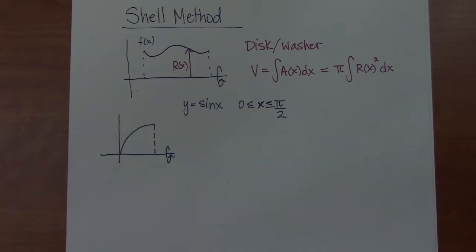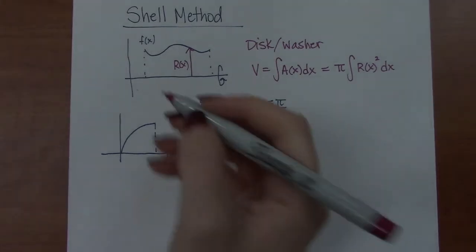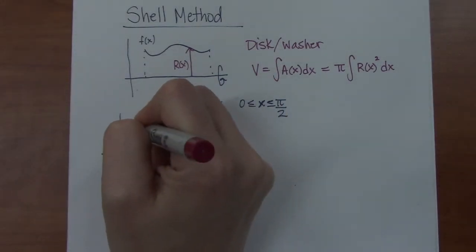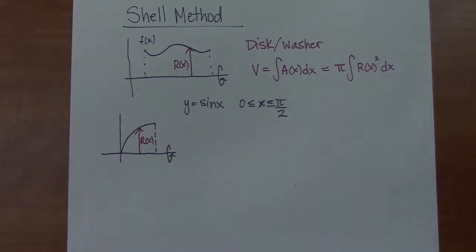a radius, by definition, goes from the center out, and a radius is always perpendicular to the axis of rotation. That's how a radius in a circle works. The center is just in the center of the circle, and those radii are always perpendicular in all directions out, so whenever the radius hits the edge of the circle, it's actually perpendicular to the edge of the circle. So the radius of this function is just here.